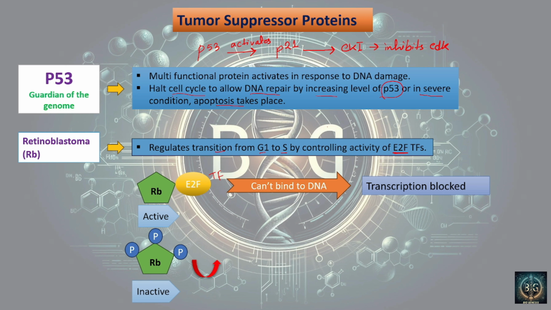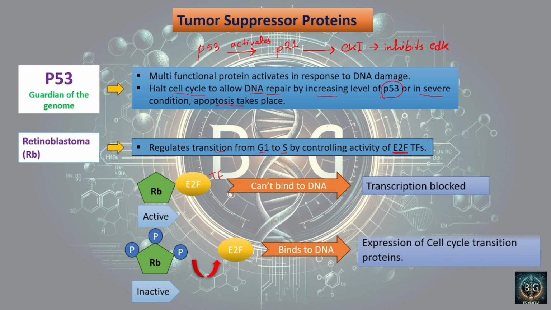E2F is released from retinoblastoma because retinoblastoma can no longer bind E2F. Then E2F easily binds to DNA and different cell cycle protein expression or different cell cycle protein formation takes place, and easily the cell can progress from G1 phase to next phase.